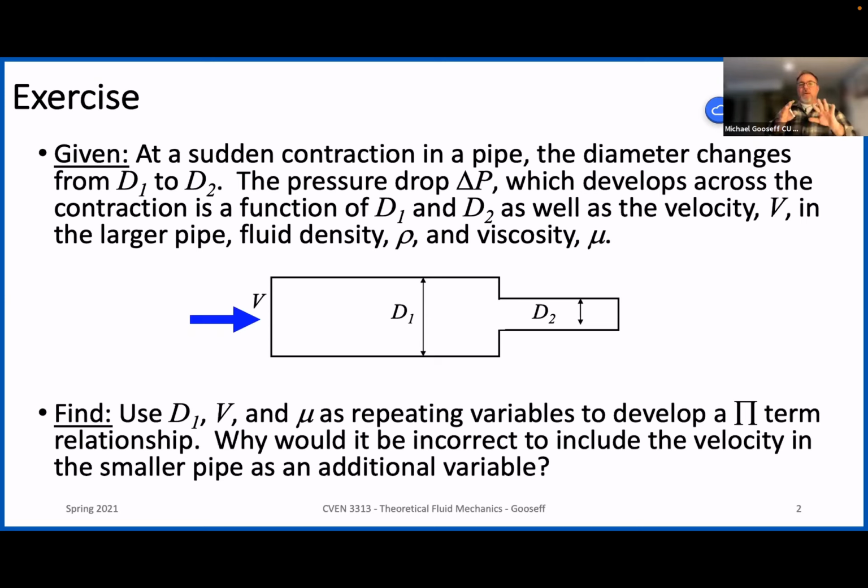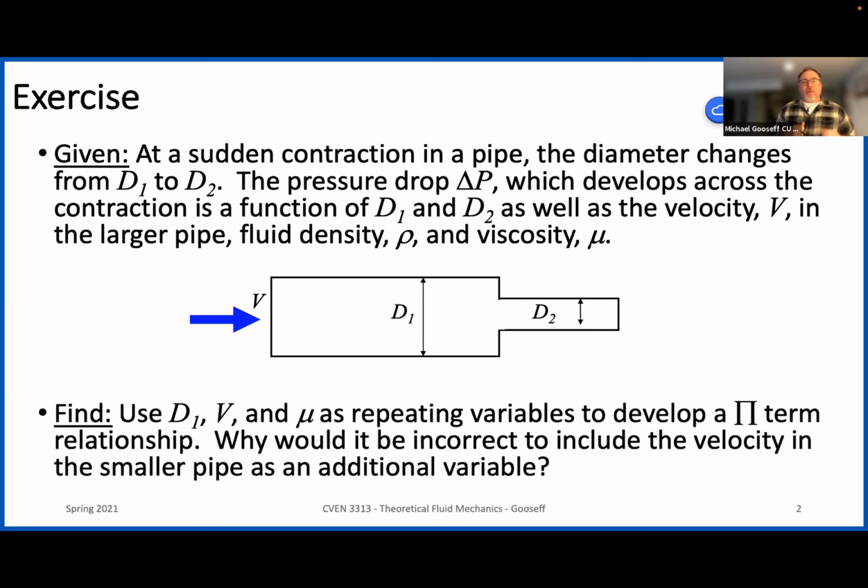We can just deal with V1 in this case. That gets us around having to account for D1, D2, V1, and V2. As long as we have 3 of the 4, we're in pretty good shape. And then fluid density, which has something to do with the inertial forces, and then viscosity, which has to do with drag or friction of the forces here.